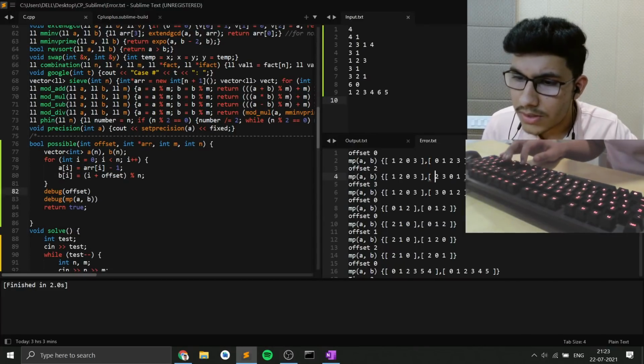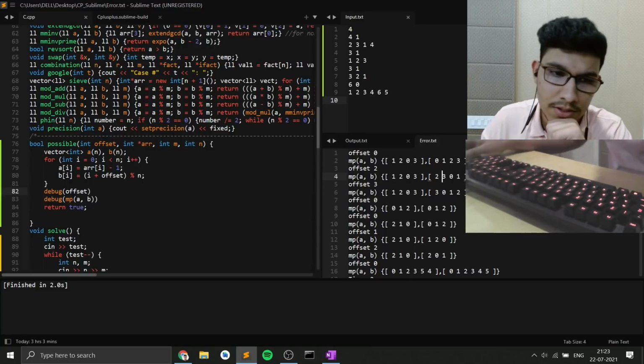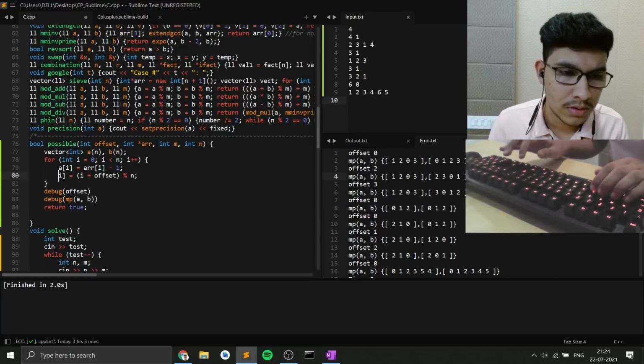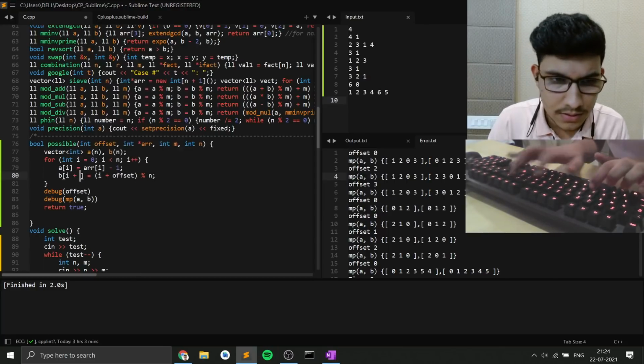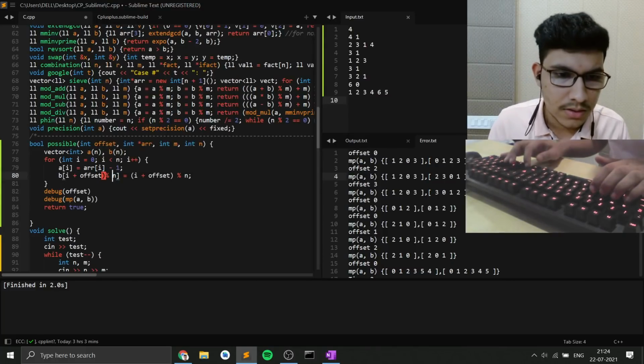Okay, so for the offset 3, it should be different, right? B at I plus offset. So this would be the position of the ith one, right? This is what I had to do.